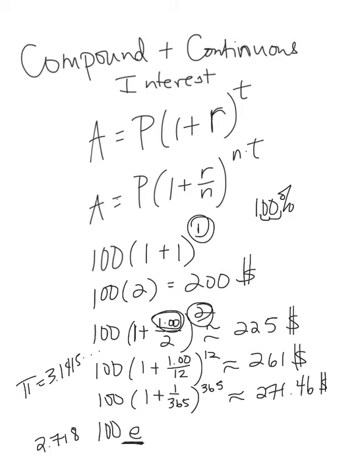So if we do 100 times e, we get $271.83. And that is what we're going to talk about today. But I want to explain more about how e is found. However, it's a lot of calculus that I don't think is prudent for this lesson.